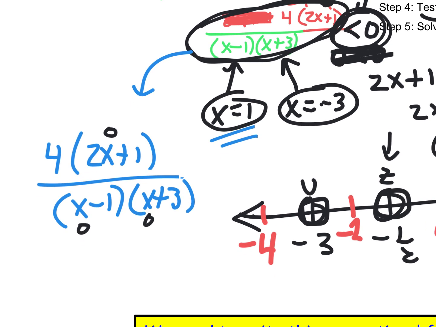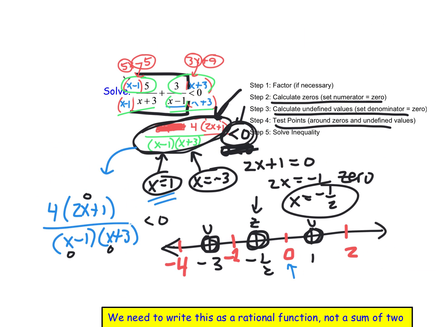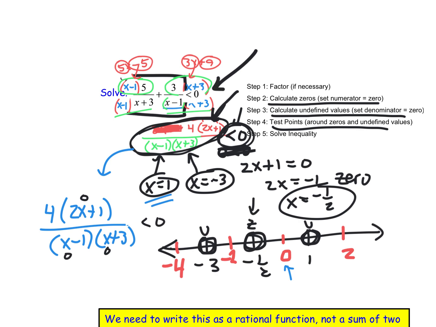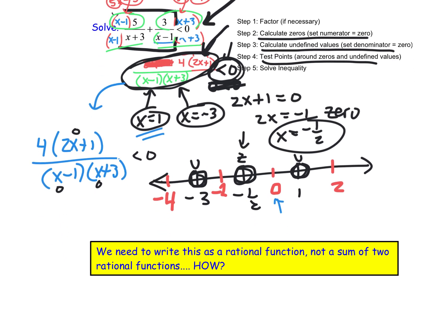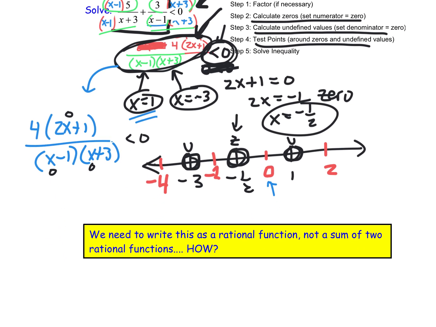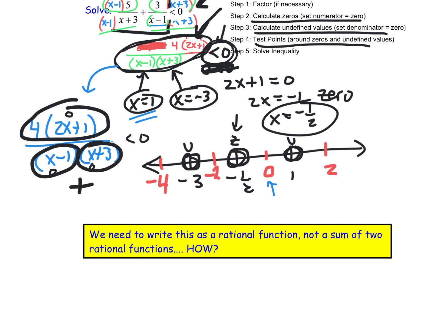And now let's see if that comes out less than 0. Remember, that was the original problem right up there. We wanted to see if it came out less than 0. So this comes out positive over negative, positive. Positive over negative, positive. If there's only one negative sign, then it comes out negative. Is that less than 0? Yes, it is. So I tested in here and it worked.